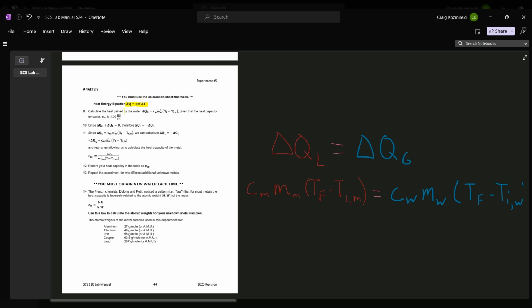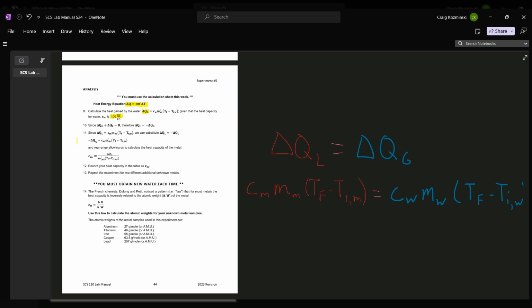And so if we want to calculate the heat gained by water, that's delta Q sub G, that's heat gained, we would take the heat capacity of water, which is given in units of 1 calorie per gram degree Celsius. We'd multiply it by the mass of our water, and we would multiply it by the final temperature of the water minus the initial temperature of the water. This is the delta T term that I've been referring to.